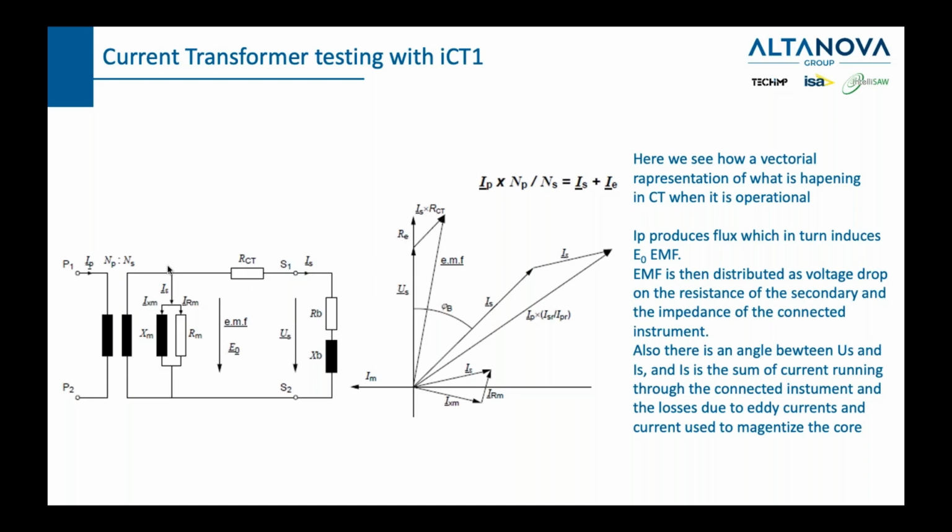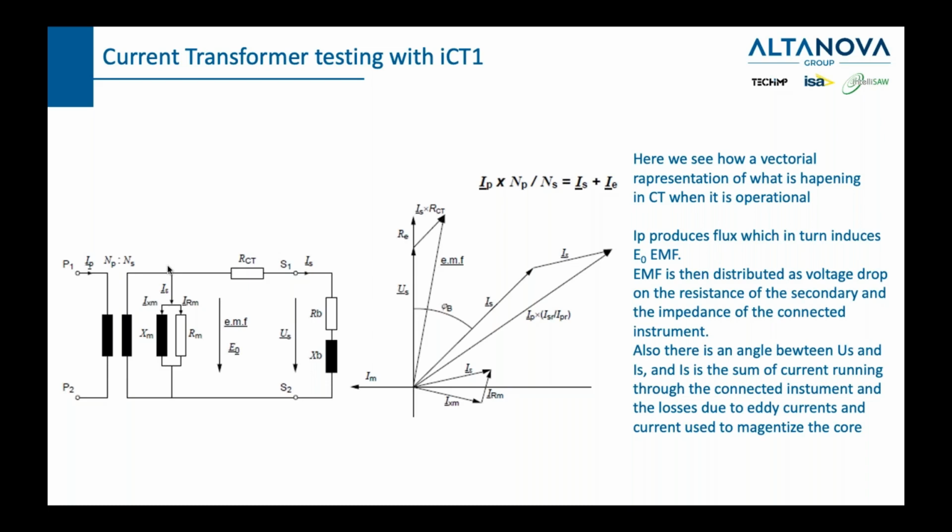So if we look at the vectorial presentation, we see on the y-axis US. US means the voltage on the secondary side, and to that voltage we need to add the voltage drop of IS times RCT, which is the voltage drop on the resistance of the secondary side winding.